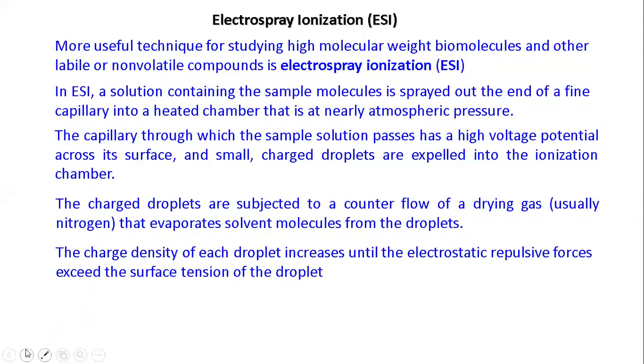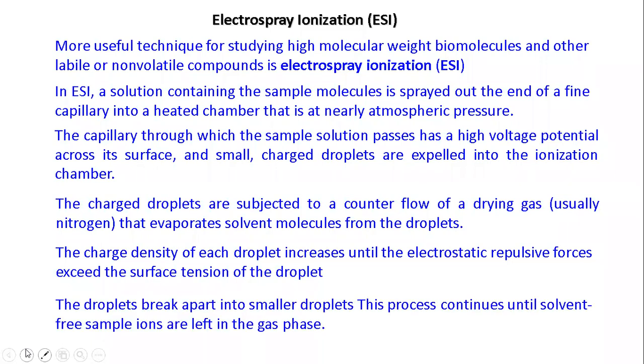The small droplets will undergo further breaking and become smaller in size, and at the end you will have only the charged particles. All the charged molecules will be remaining, and they will be directed to the analyzer. This is the way people do the electrospray ionization technique.